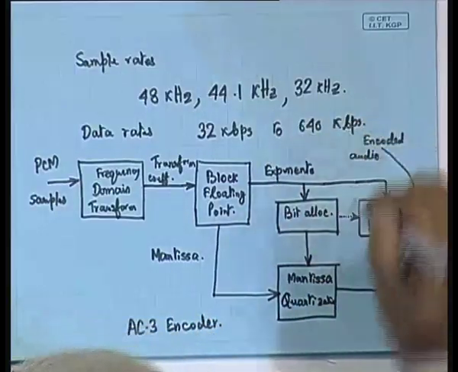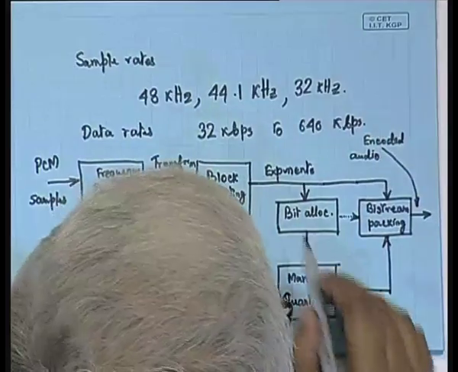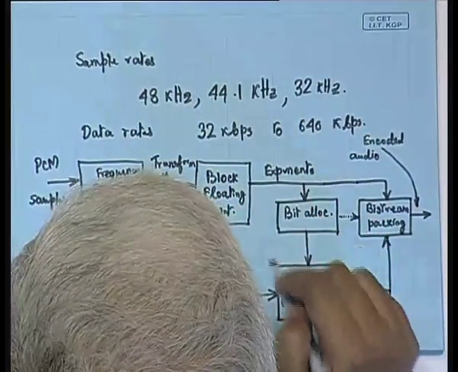The encoder constructs the masking model based on the transform coefficient exponents and a few signal dependent parameters. The whole idea is to extract the masking information, because the bit allocation has to depend upon the exponent part.